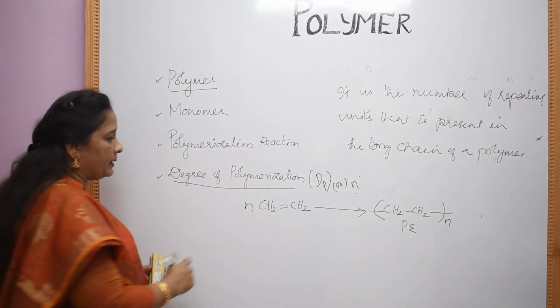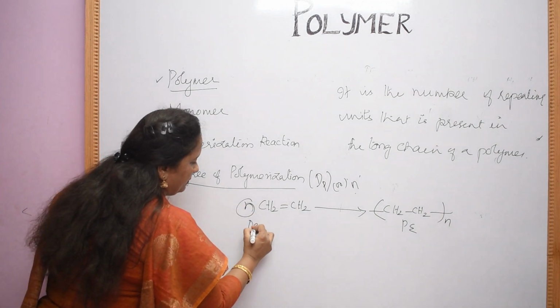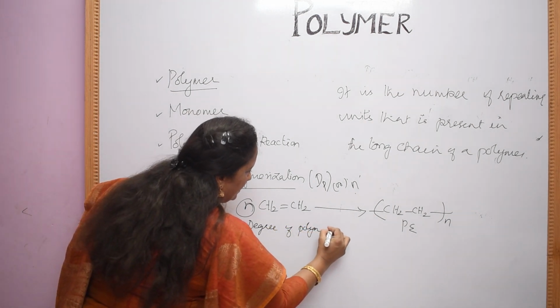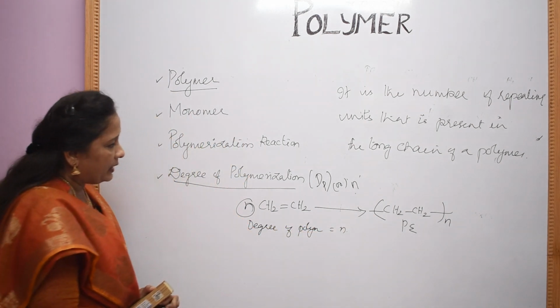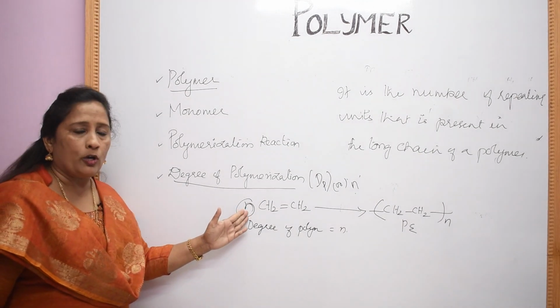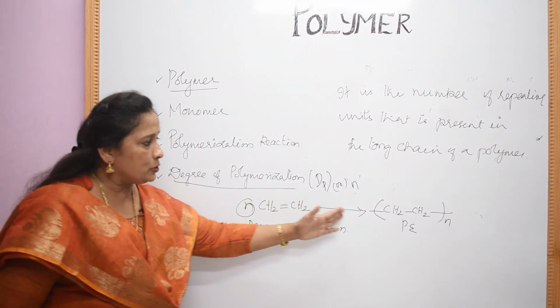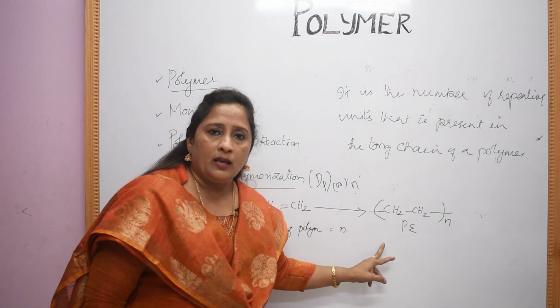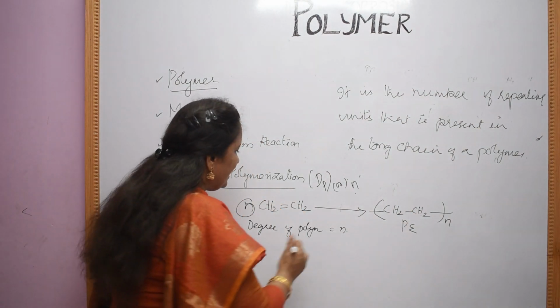Here the degree of polymerization is equal to N. So if we consider, say, 10,000 molecules of ethylene combining together to form a polyethylene having 10,000 molecules, here the degree of polymerization is 10,000.